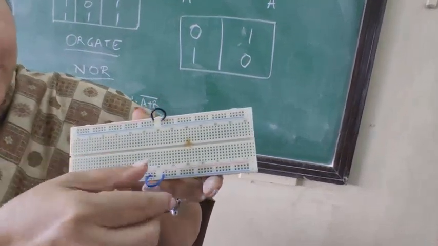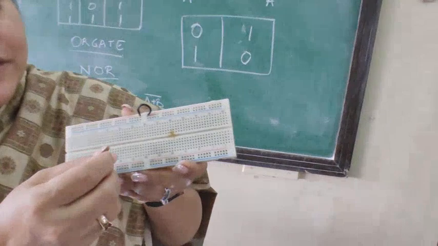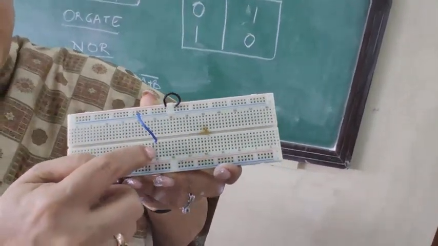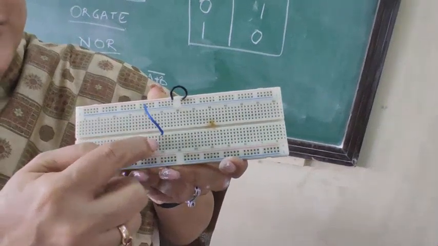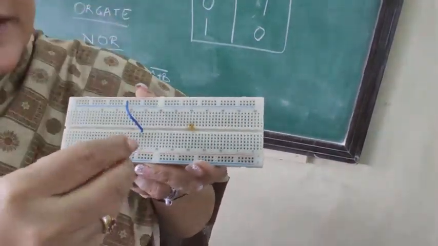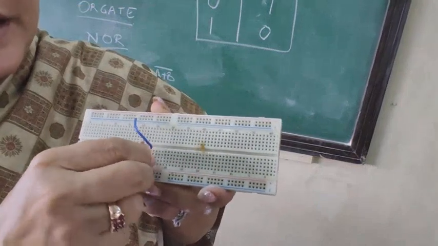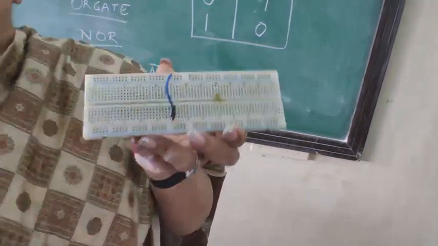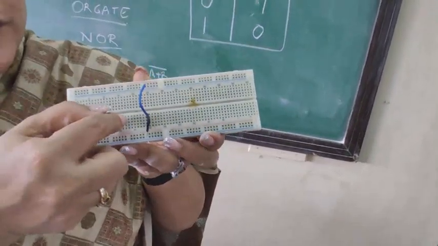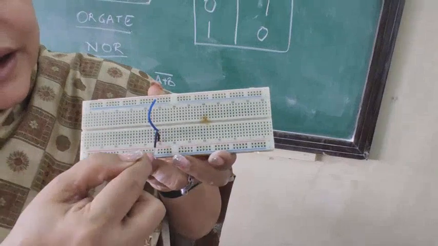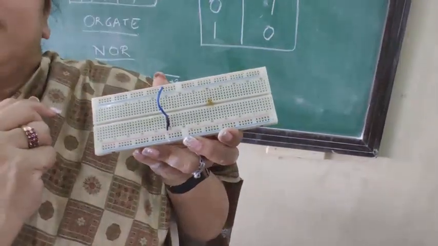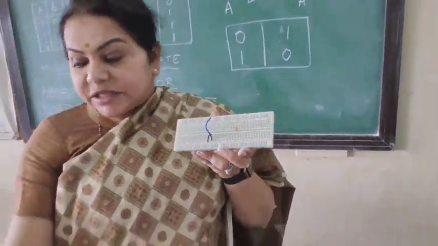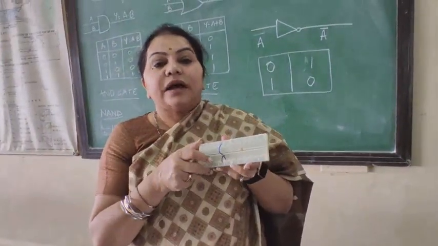Whenever you put a wire in one slot over here, and you want to connect it to another point, you will just take this vertical line and insert that element over here, and both these elements are now connected. So the vertical lines here are connected and here the horizontal rows are connected. Keeping this in mind, we will start connecting the AND gate.